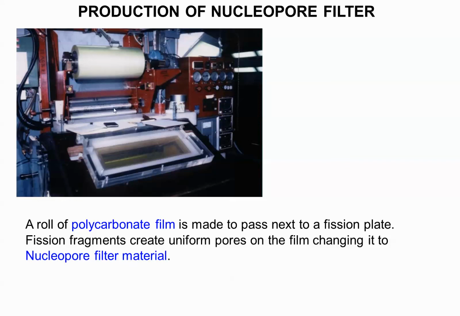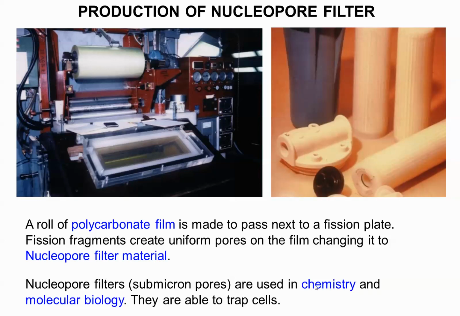These are pores. Irradiation time gives us the density of these pores, and subsequent chemical etch fixes the size of these pores. This is an industrial application. These types of filters are used in chemistry as well as molecular biology.